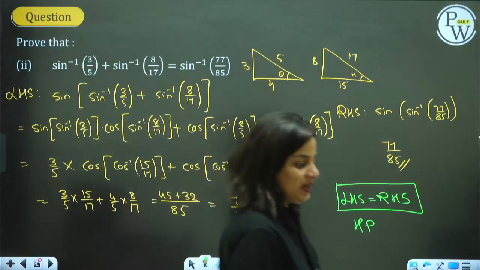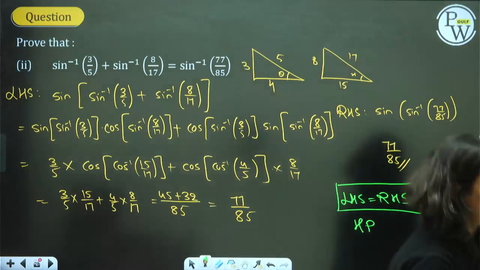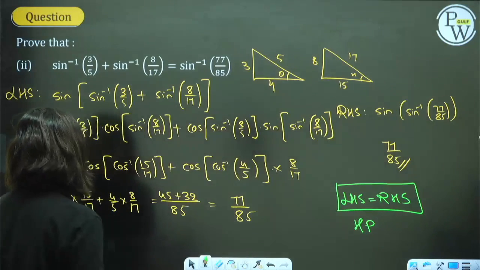Are you able to understand this type of question very well? You can pause, take a pause, understand it. Next question, guys, very similar, just for the purpose of practice.